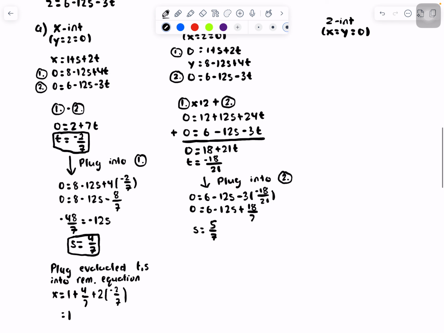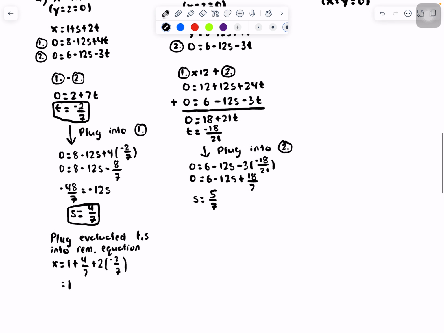Okay, then same deal, plug the evaluated t and s into the remaining equations. So I'm just going to indicate that by this, because I don't want to have to keep breaking that down.